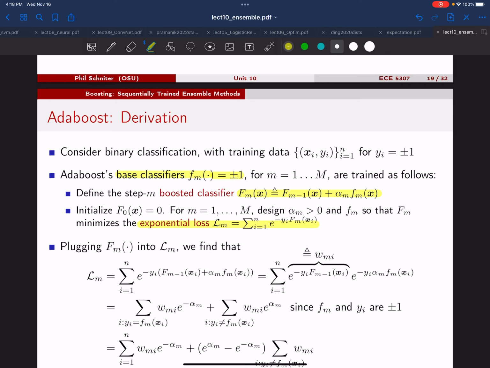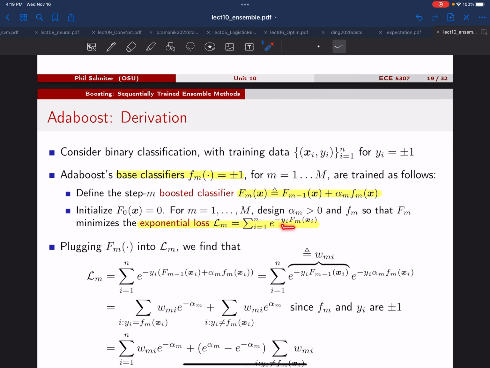So remember, these little fm's are ±1, but because of these scalar values, the capital F's are not going to be binary ±1. They can output some real number. But as you could expect, we want their outputs to agree with the true yi's.